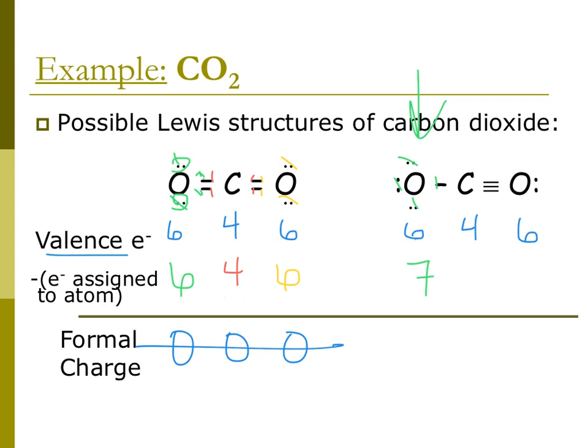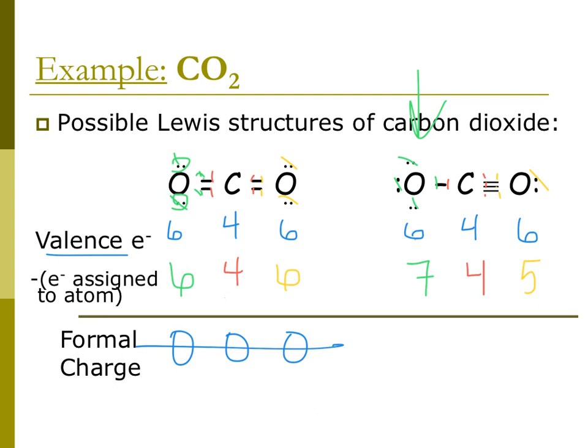Carbon has access to 1 for each bond, so 1 from the single bond and 1 of each of the 3. So carbon actually still has 4 for its assigned number. And then for oxygen, it would have also 3 electrons from the triple bond, and then the other 2 from the lone pair. So that's actually 5 electrons.